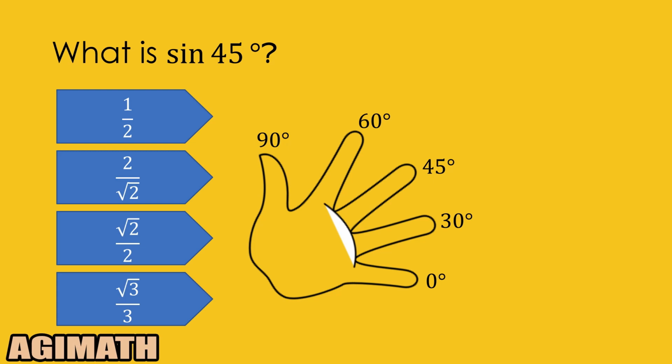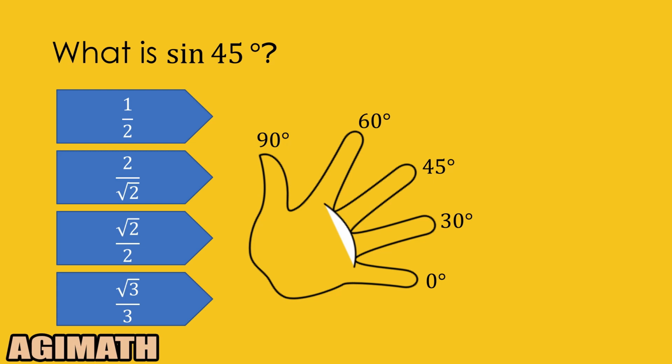To do this, imagine this is your hand, and each finger represents a value. We have 0 degrees, 30 degrees, 45 degrees, 60 degrees, and 90 degrees. All these given angle values are special angles.